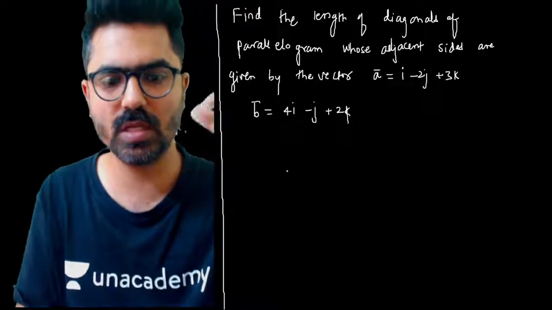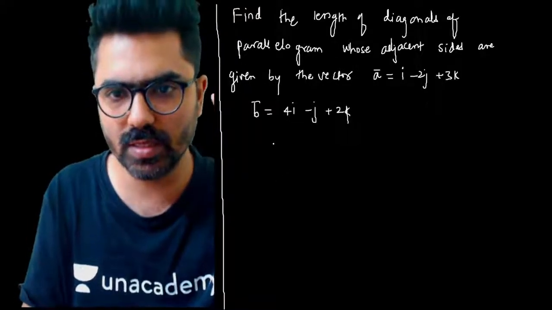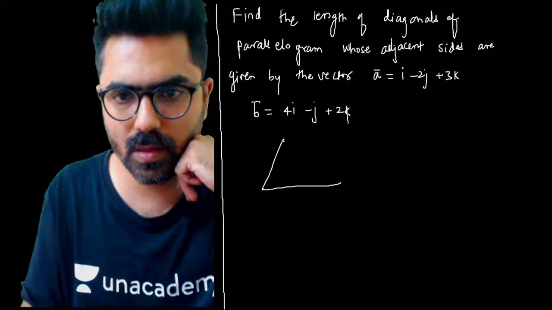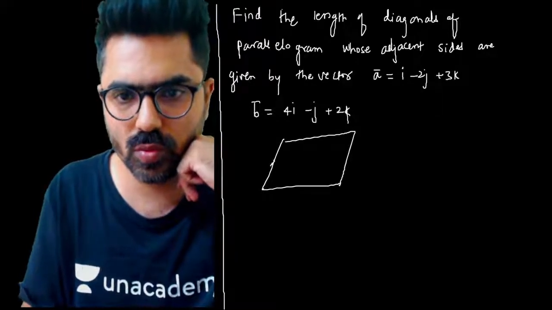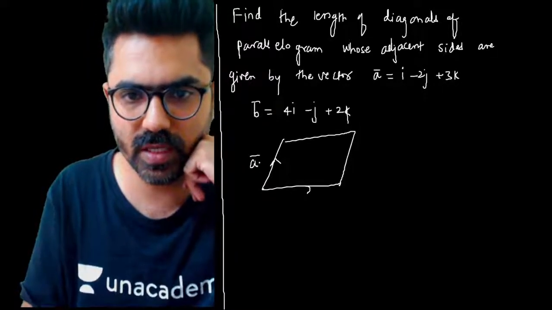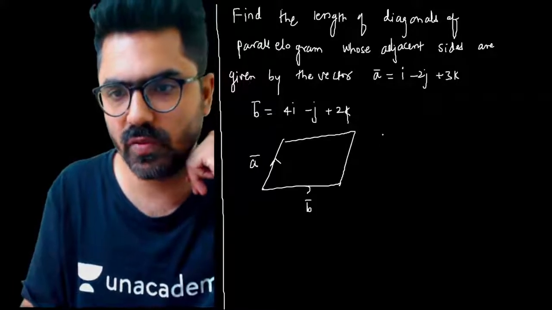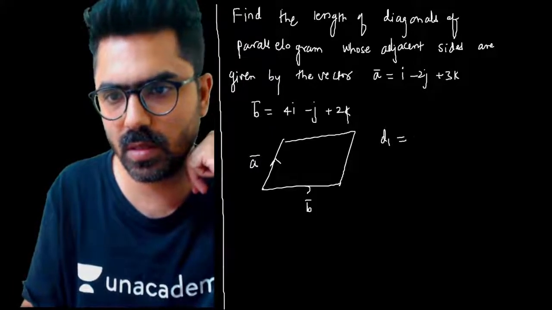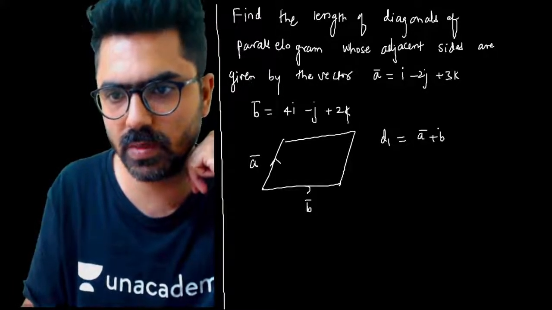It is asked what are the lengths of the diagonals. Let's say these two are the given vectors, vector A and vector B. One of the diagonals D1 is given as A vector plus B vector.